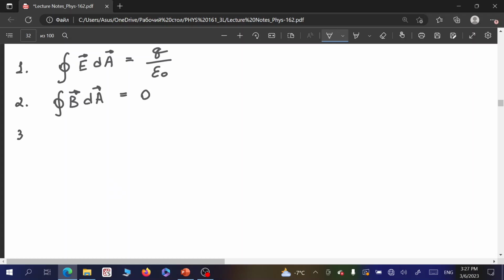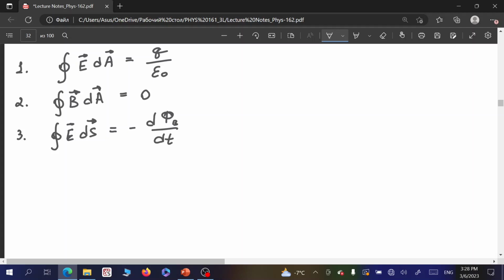Now let us consider the third equation, and that is the integral over a closed path of the scalar product of the electric field vector and the ds vector, equal to minus d phi B over dt. So what is this? Faraday's law. We considered it earlier.